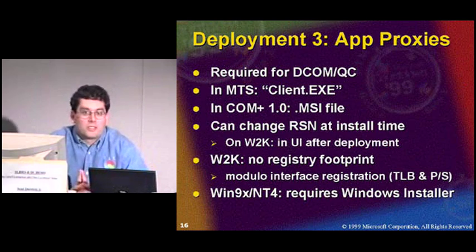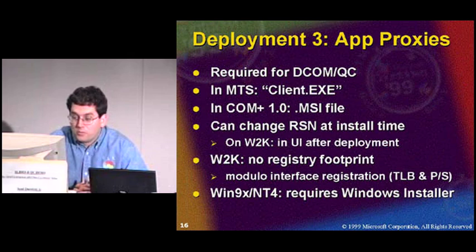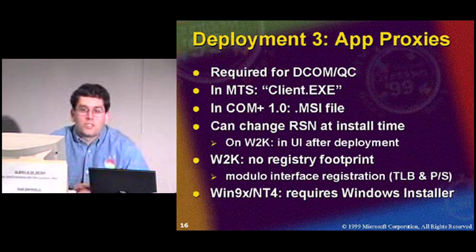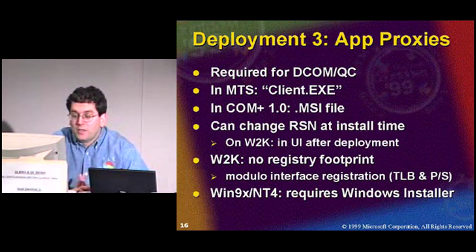It can be installed via a batch file, of course, and it can also be deployed via the IntelliMirror feature. One nice feature is also that a different server name than the one that has been burned into the application proxy at export time, a different RSN, a different remote server name, can be specified as a command line option when installing this file.